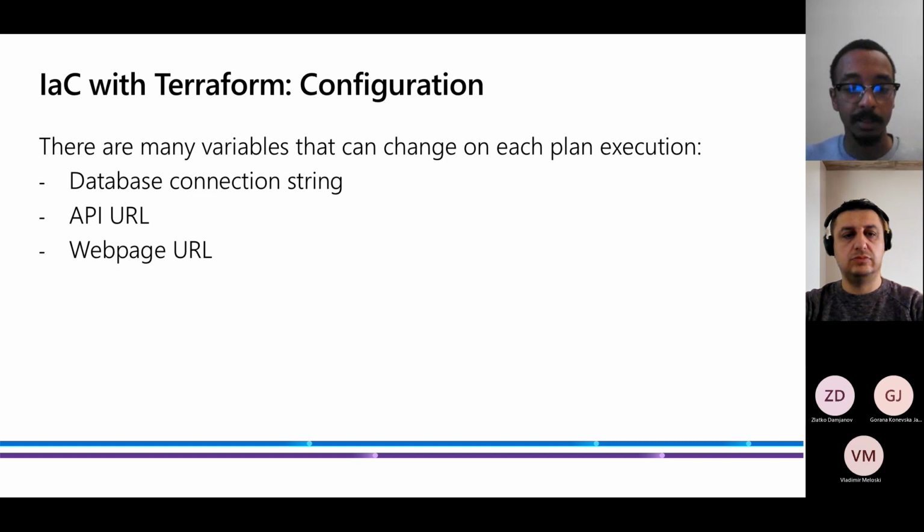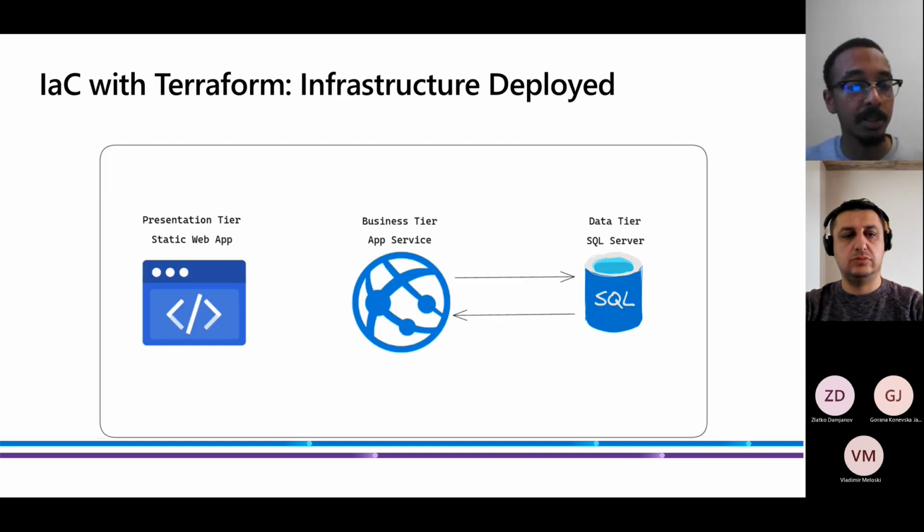After that, you can see that after the infrastructure is deployed, our system is going to be looking something like this, where our business tier and data tier are connected with a connection string that's specified, and all of our infrastructure is up there, just waiting to be filled with our applications, but still nothing useful, nothing meaningful yet.